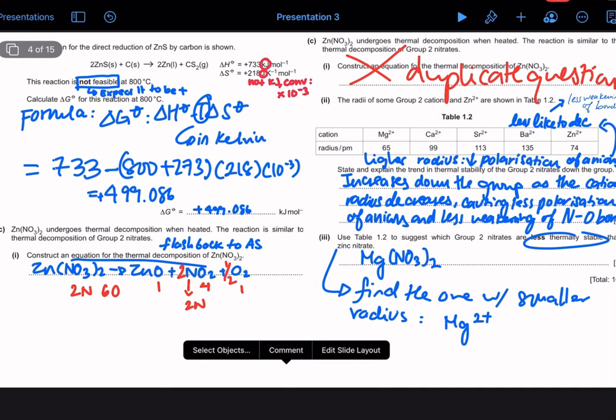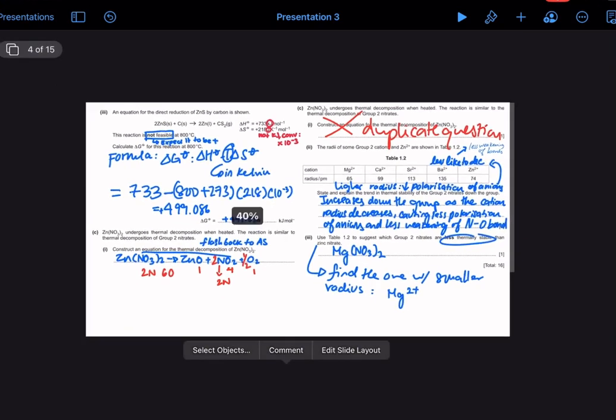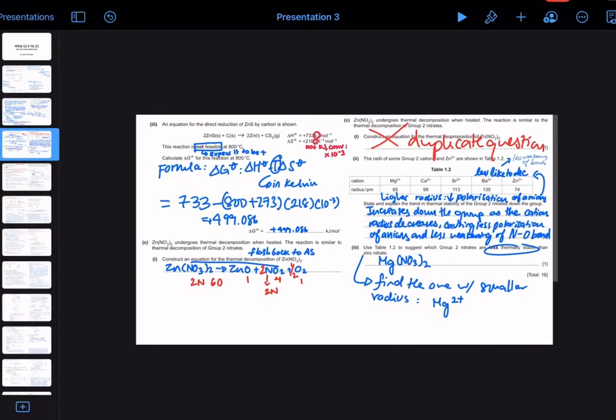What is the formula for your Gibbs free energy? It is delta H minus T delta S, which is your entropy. There are a lot of formulas involved that you have to remember, but if you do remember, it's quite easy.